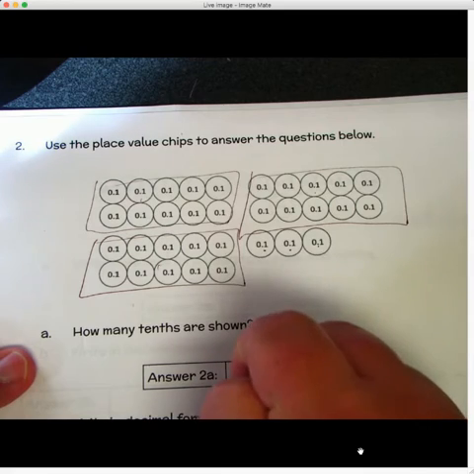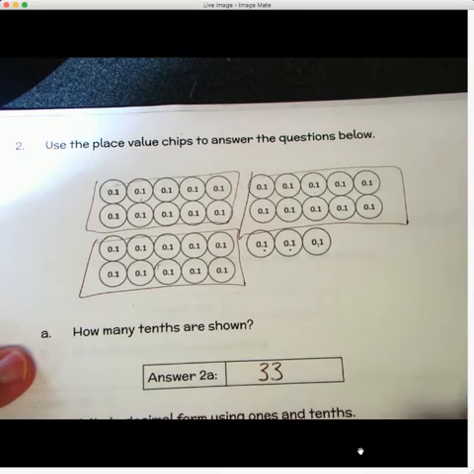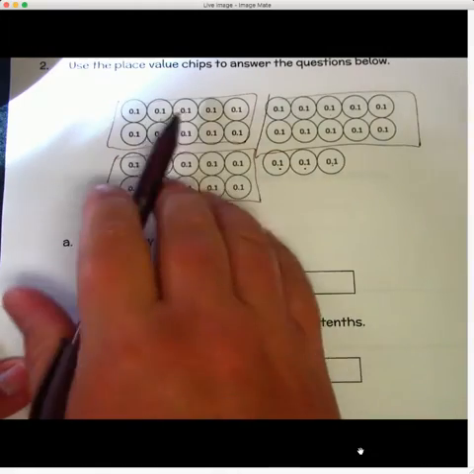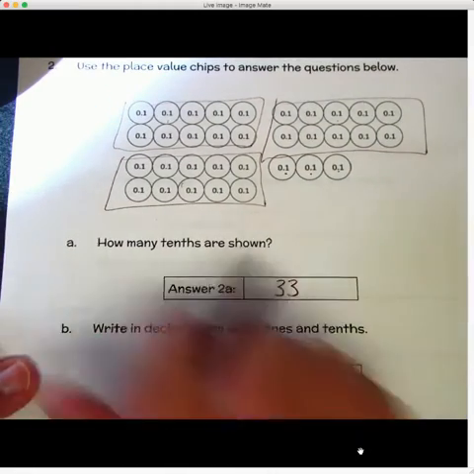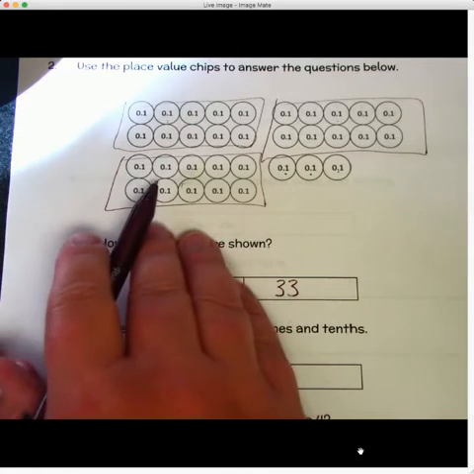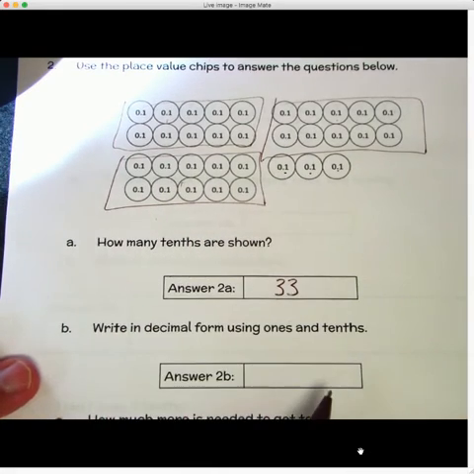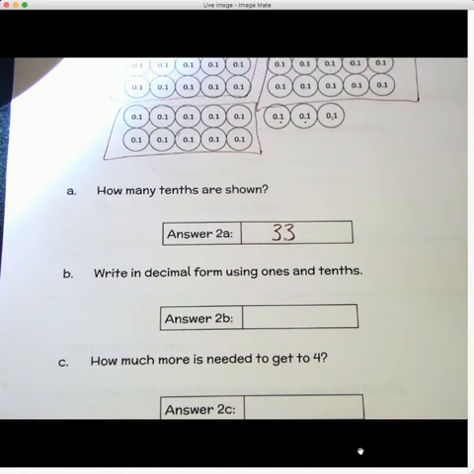Altogether, there are 33 tenths shown. I just skipped counting them one by one because I know these are in groups of 10. Write in decimal form using ones and tenths.